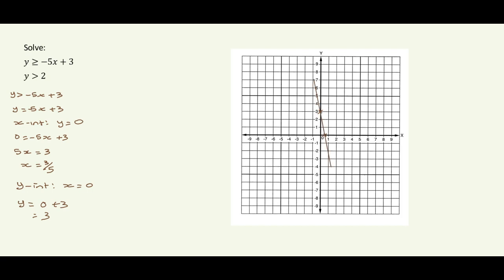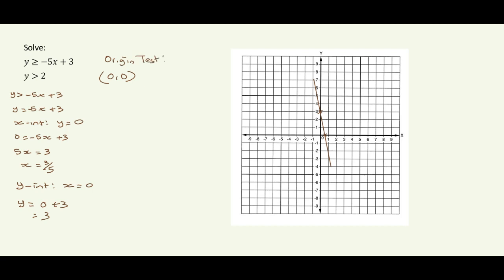So now, ideally, the region that satisfies this, because it's greater than, is always going to go above the line, and less than is going to go below the line. But let's try the point 0, 0 for the origin test.